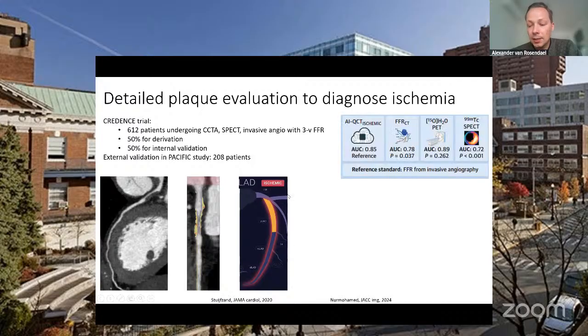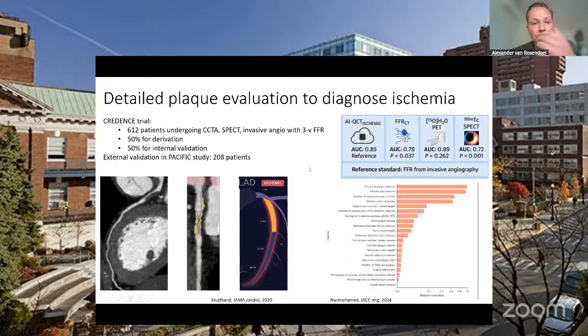And how did this algorithm get developed? It was based on a cohort of 612 patients, all having CT and invasive FFR. And they all got the fully automated quantification of plaque. And based on 22 variables, as you can see here, an algorithm was developed that's going to predict whether that lesion is going to be ischemic or not.